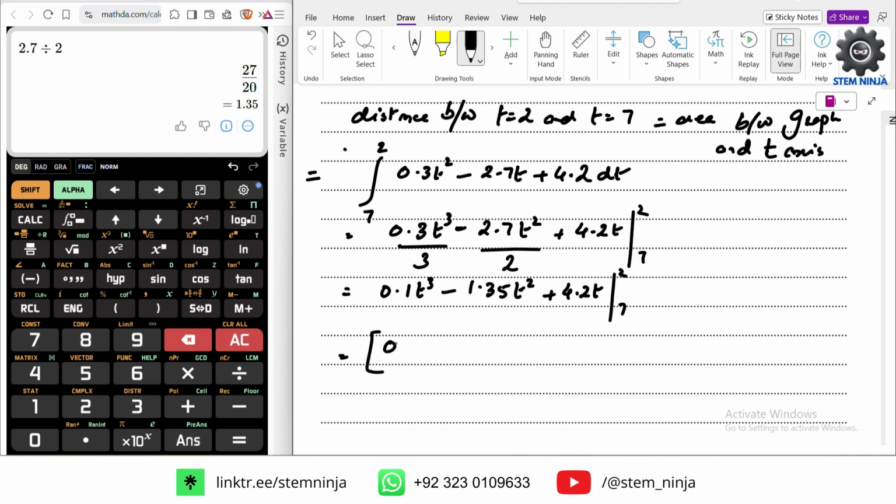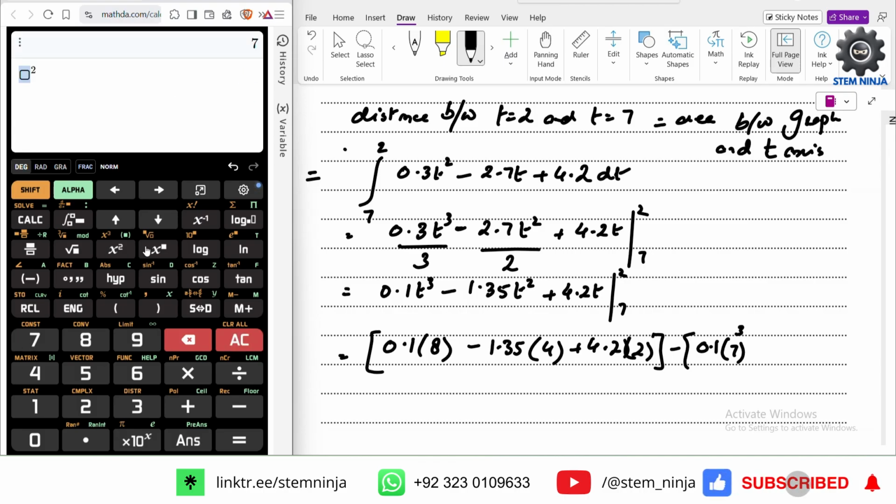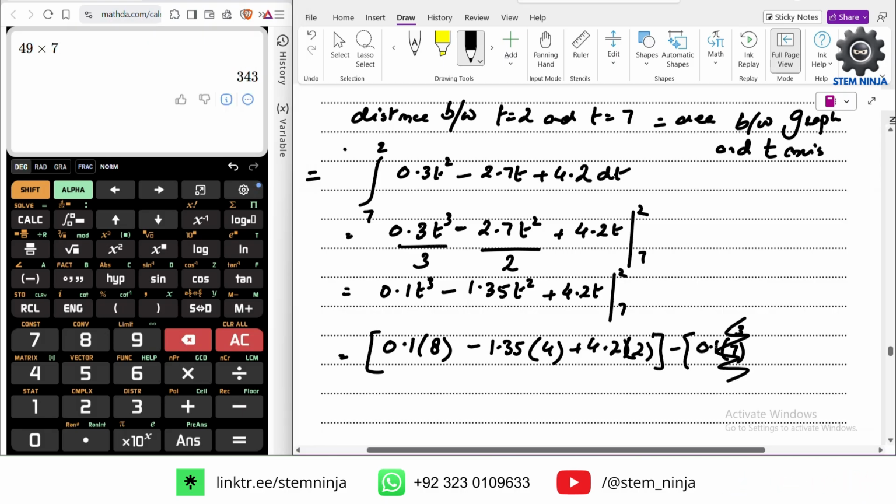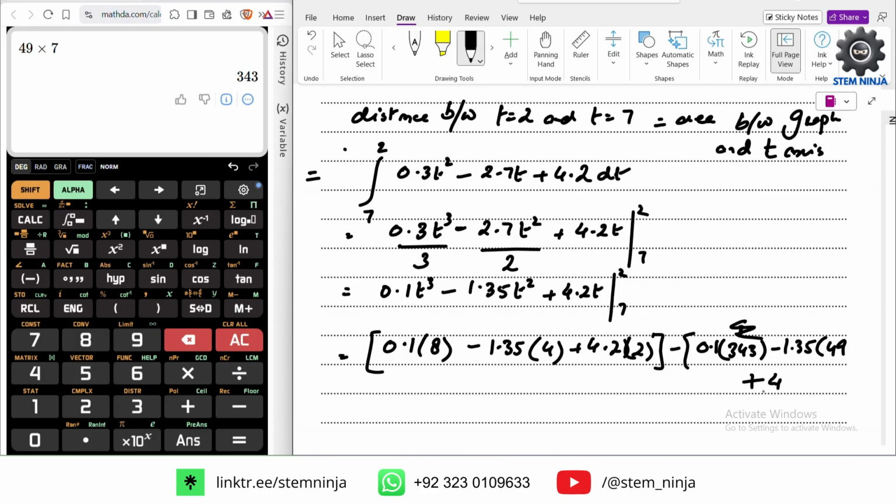That is now going to be the value at 7 minus the value at 2. 7 cubed is 343, 7 squared is 49.